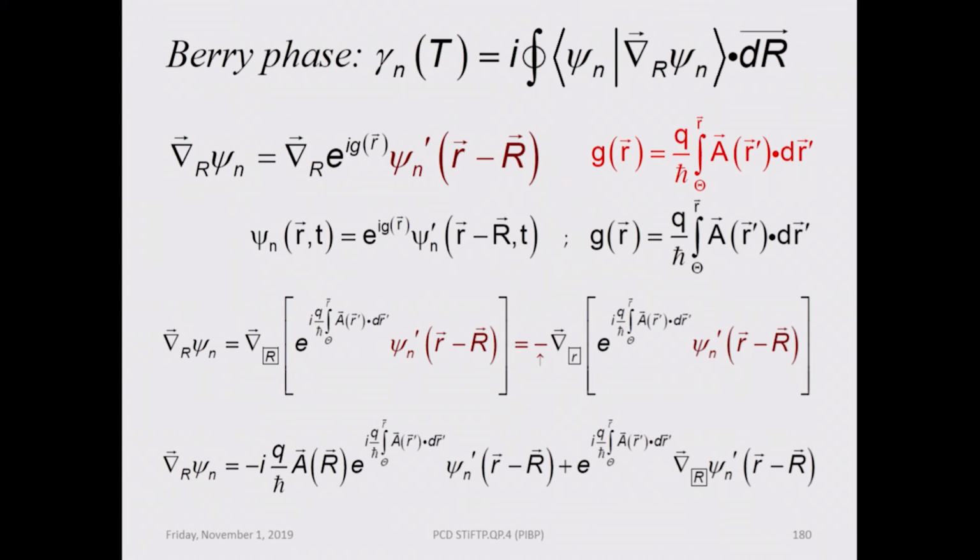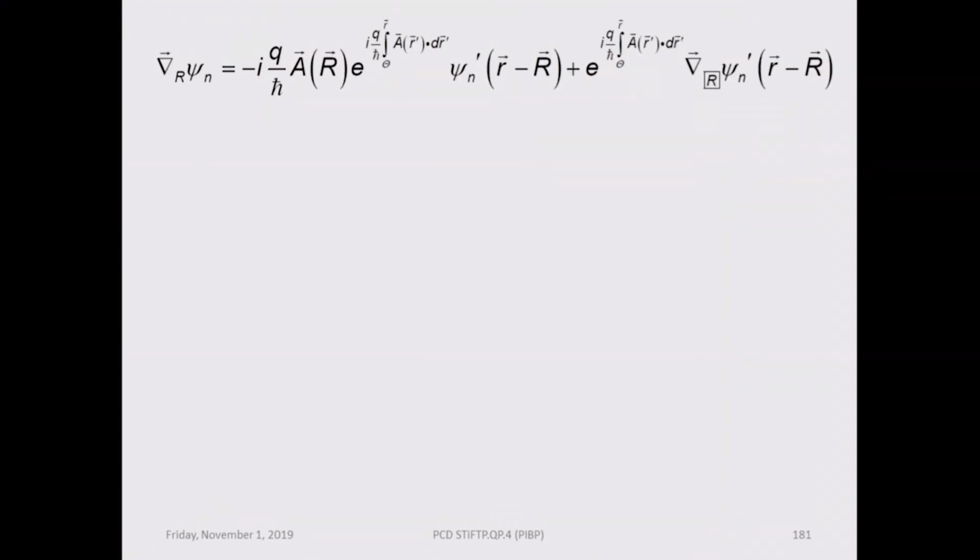And in the first term you have got psi prime times the gradient with respect to the lowercase r of the e to the i q over h cross times the phase, right. So, this is what we get.